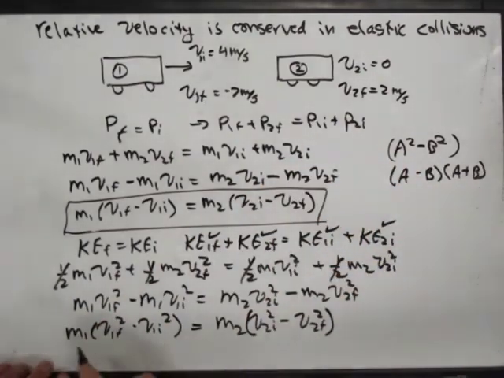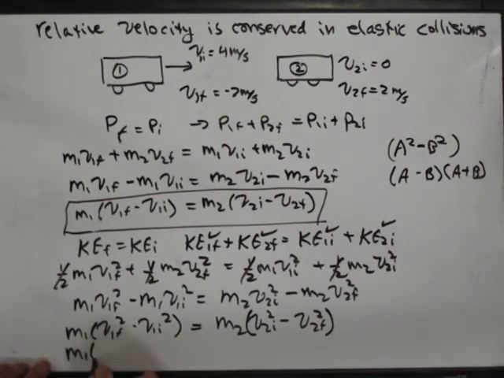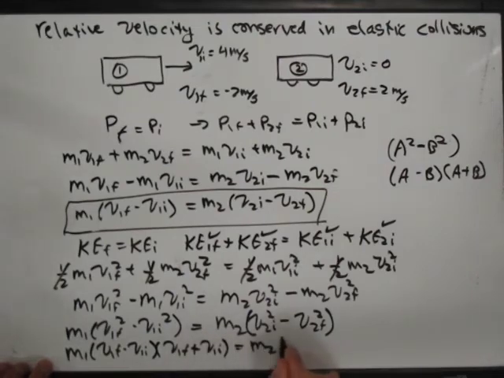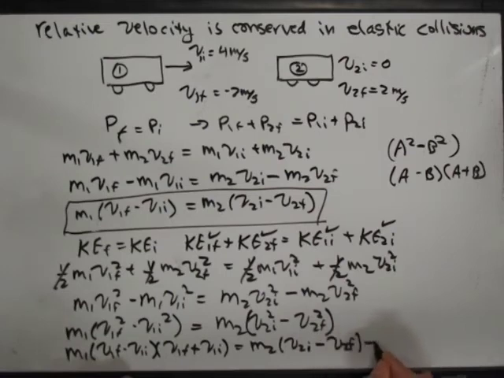And so I'm going to write this as M1 times V1 final minus V1 initial times V1 final plus V1 initial equals M2 times V2 initial minus V2 final times V2 initial plus V2 final.